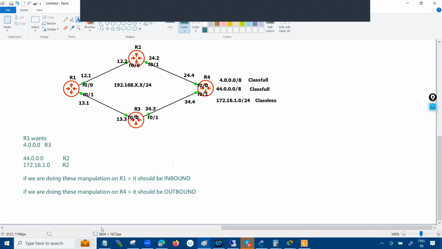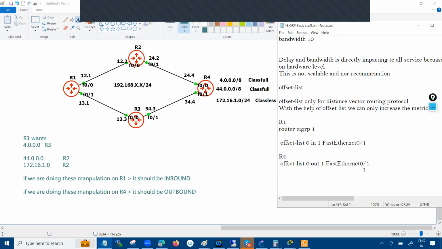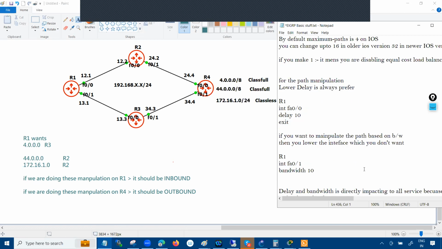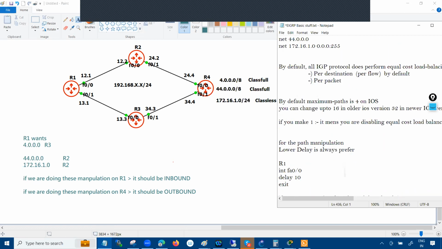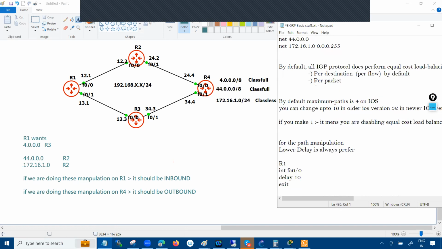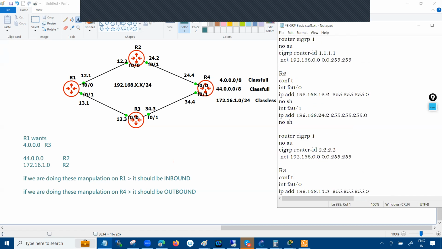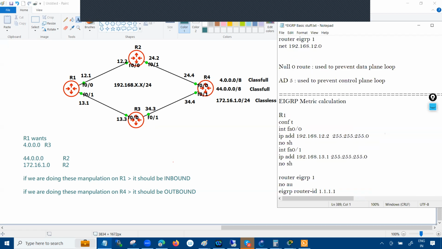So in simple language, selective path manipulation. Metric calculation.